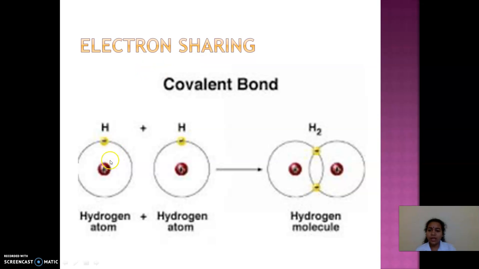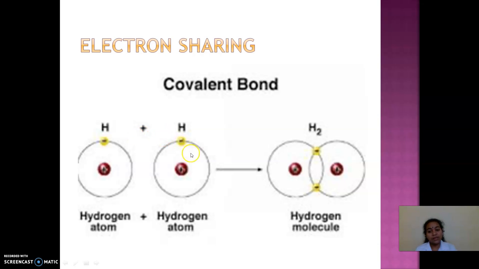Here, hydrogen has only 1 electron and needs one more. Another hydrogen atom also has one electron in the valence shell. It is not possible for hydrogen to transfer electrons, but it is possible to share electrons.